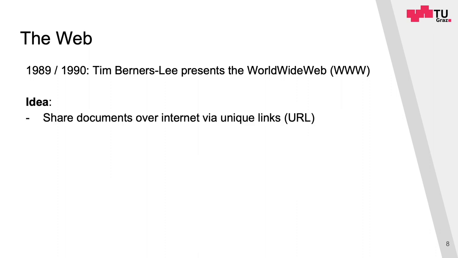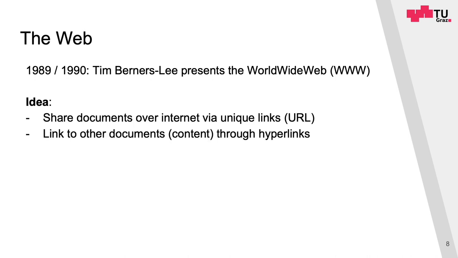And the idea behind it was to share documents over the internet via unique links or URLs, and then to link to other documents content through hyperlinks. And therefore the hypertext transfer protocol was invented.